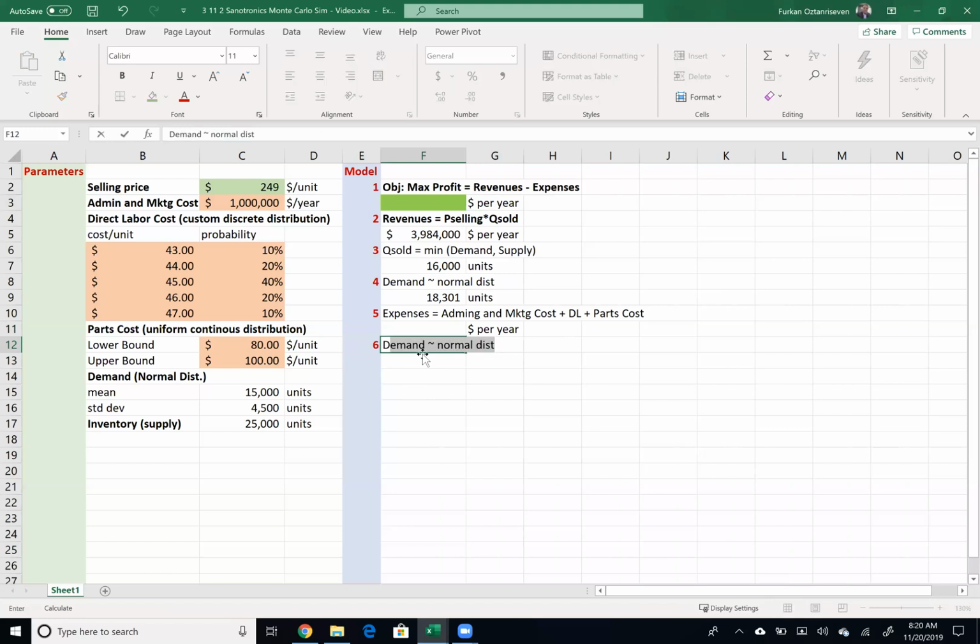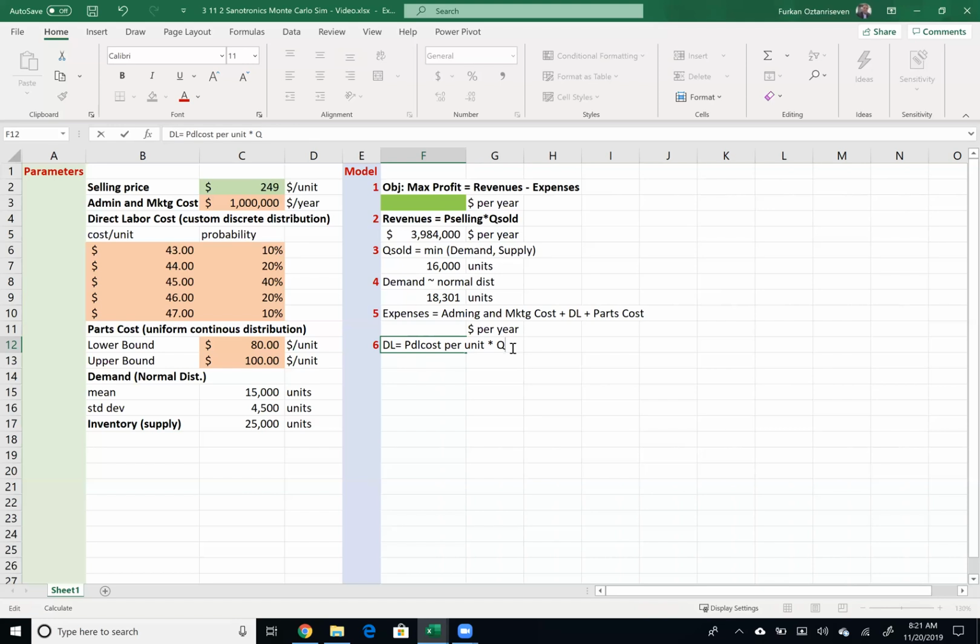All right, so direct labor cost is going to be cost per unit, similar to revenue, which is price times quantity. So in this case, price is the cost associated with direct labor, so direct labor cost per unit times quantity.